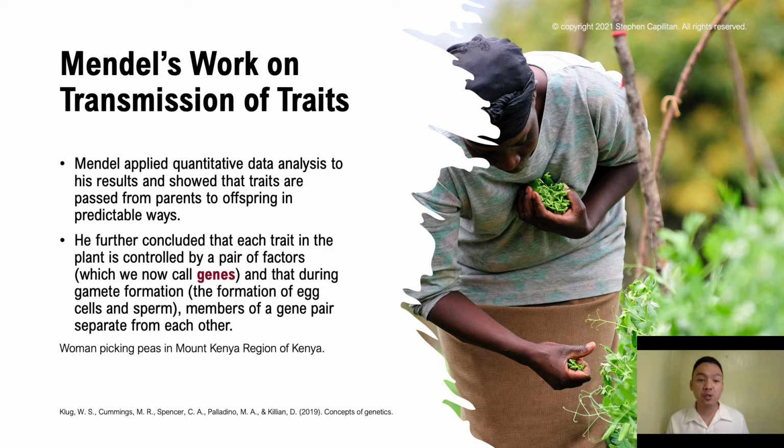He further concluded that each trait in the plant is controlled by a factor, which we now call genes, and that during gamete formation, the formation of egg cells or sperm, members of a gene pair separate from each other. That's his law of segregation, along with the law of independent assortment. You can see the photo on your right is a woman picking peas in the Mount Kenya region of Kenya. So Mendel's work has set the foundation for genetics.